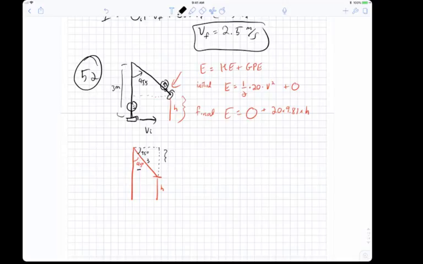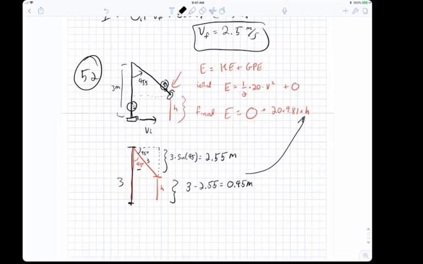So that length is 3 times sine of 45 degrees, which is 2.12 meters. You know that this length here is 3 meters long, so this length must be 3 minus 2.55, which is 0.45 meters.